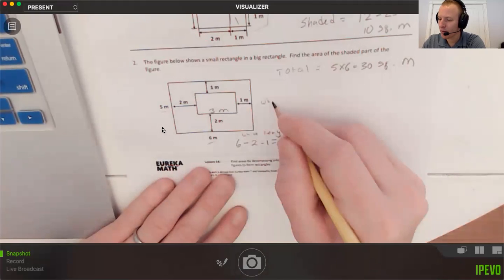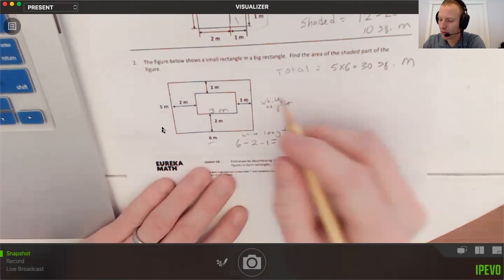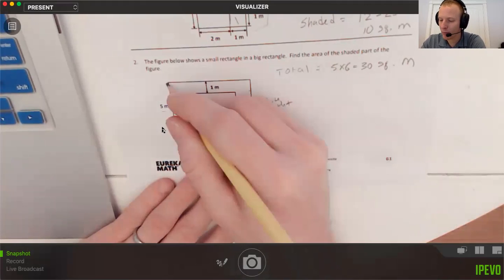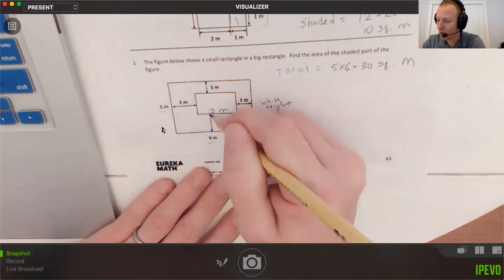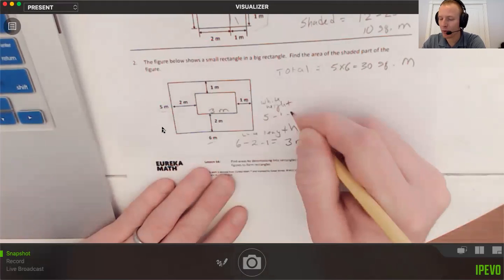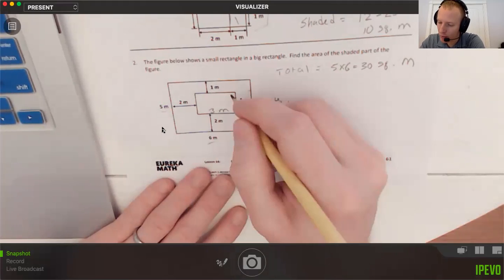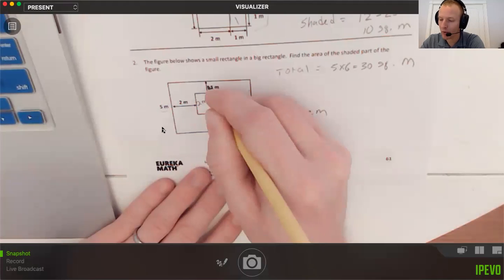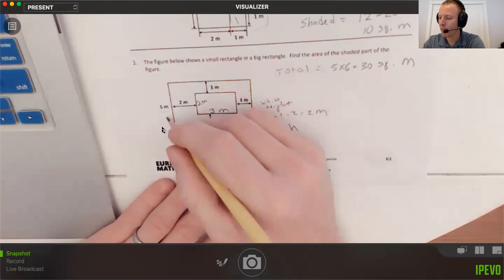White height is 5, right? The whole thing from top to bottom is 5. 5 minus 1 and minus 2 more. So 5 minus 1 is 4, minus 2 more is 2 meters. So this is 2 meters. And again, 1 plus 2 is 3, plus 2 more is 5.